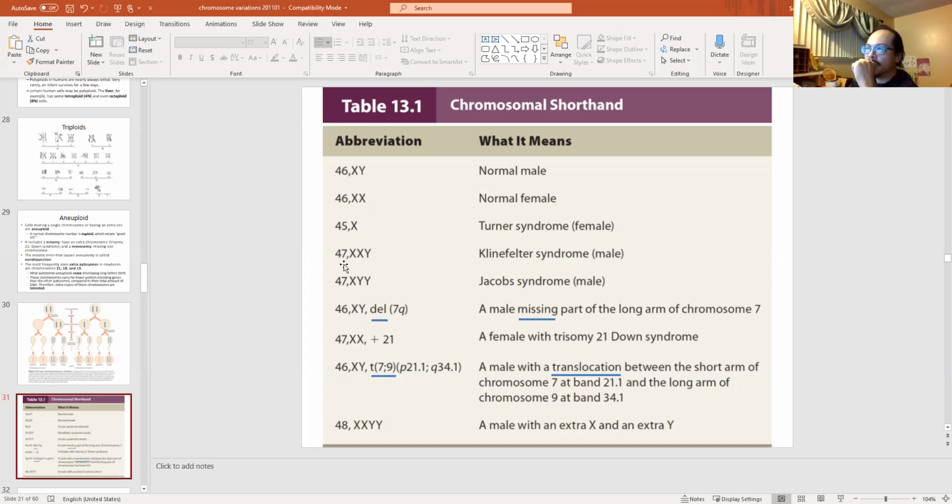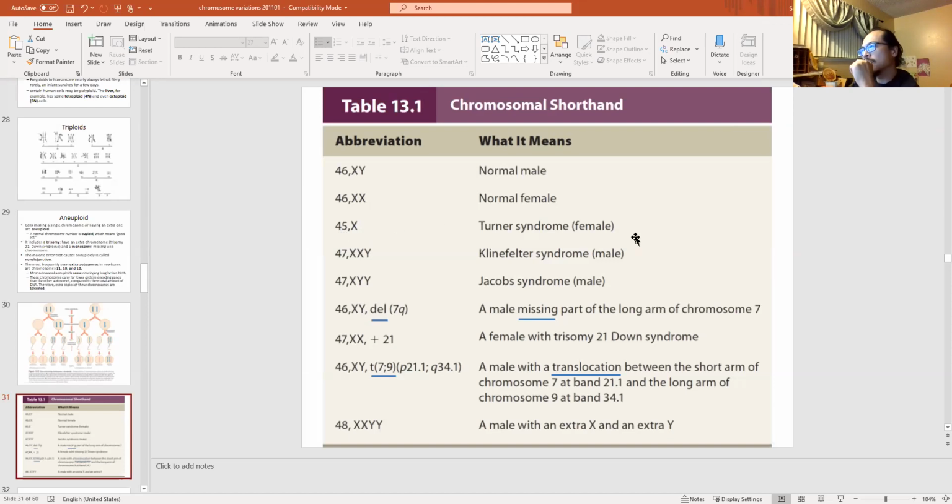In addition to this, we also put the sex chromosomes following that. If it's XY, it's healthy, male. If it's XX, it's healthy, female. If it's a single X, it means one is missing, so it's monosomy with 45 chromosomes only.